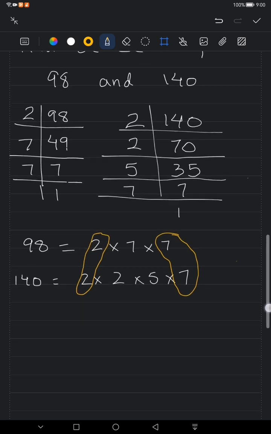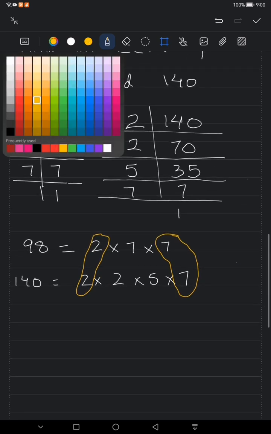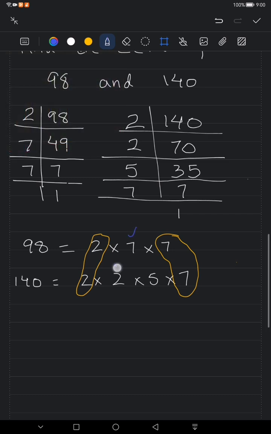Let's find the LCM. First, let us identify the uncommon also. 7 is uncommon, 2 is uncommon, and 5 is uncommon. Now for LCM, least common multiple, we are going to multiply the common factors along with the uncommon factors.